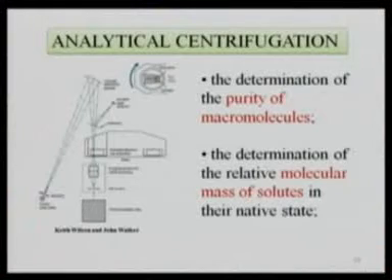Let us see the details of this method. As we said, you can purify macromolecules and determine molecular masses. That means the components can be separated here. And here you can see the system is a little bit different compared to your previous centrifuges. Here we are showing a sketch of an analytical ultracentrifuge.